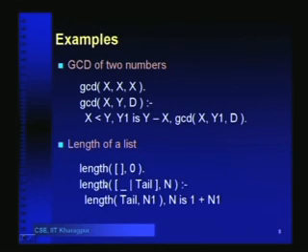So, a list which has some head. This underscore here means that it is a wild card, it could be anything. With tail, this list has size n, provided that the tail has size n1 and n is 1 plus n1. And the length of the empty list is 0, right.